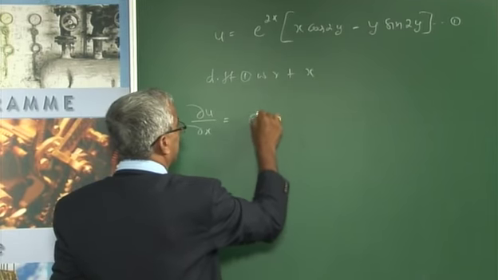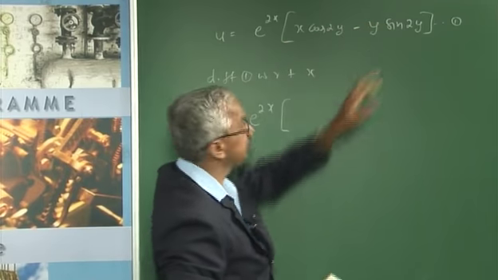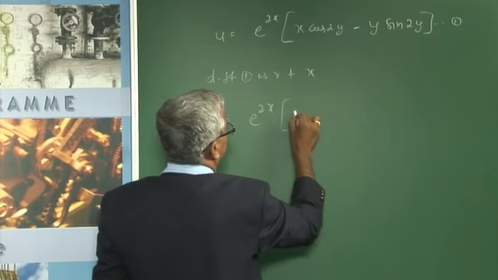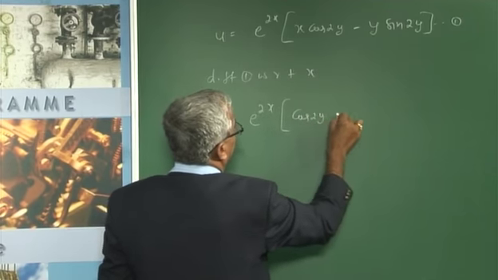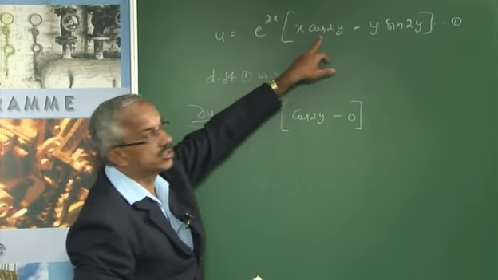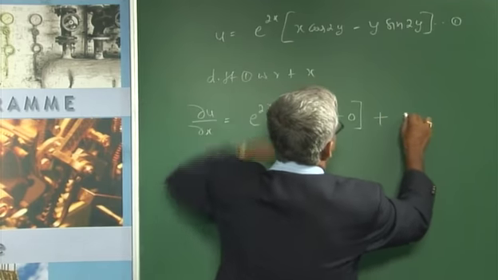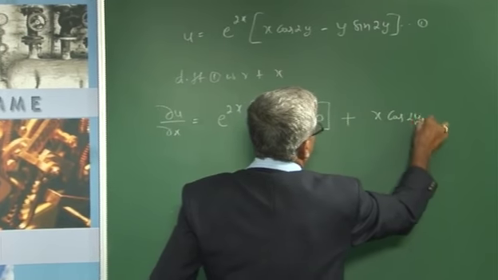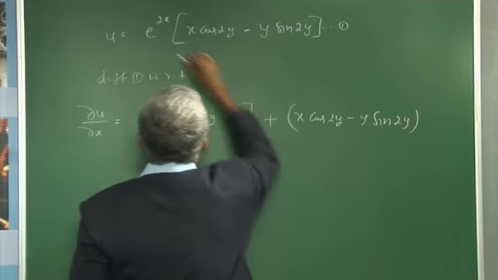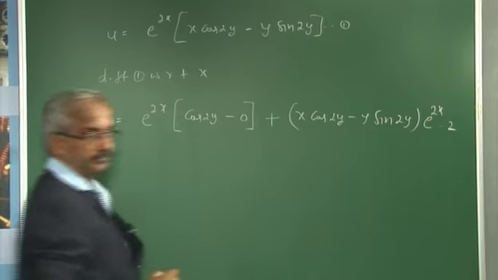I am differentiating like this: e power 2x into the derivative of x cos 2y minus y sin 2y, which is cos 2y minus 0, because the derivative of x is 1 and cos 2y is constant. Plus x cos 2y minus y sin 2y is constant, and differentiate e power 2x, which gives e power 2x into 2.